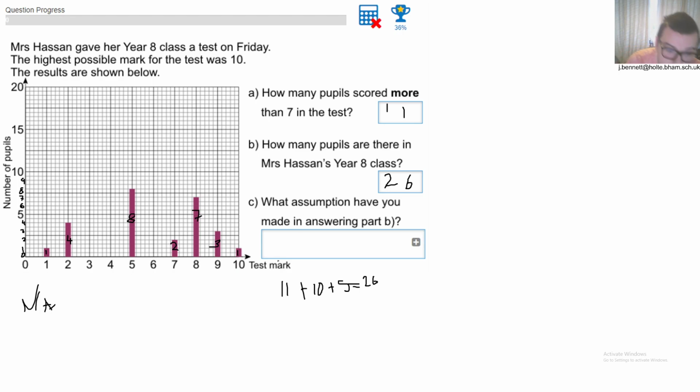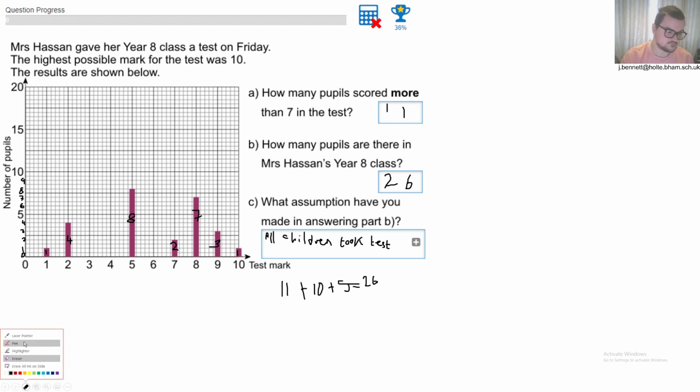So we could say the assumption that we've made is that all children took the test. Or words to that effect. Basically say that there were no absences and that all the children in the class took the test that day. That's what I put for that anyway.